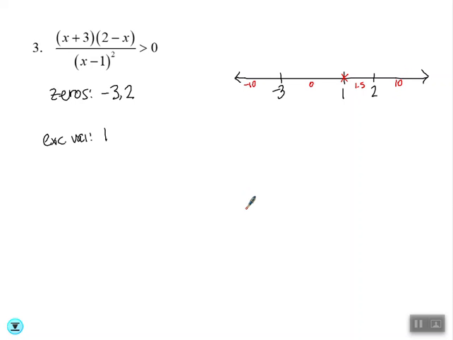Okay, so I'm going to show you this shortcut again. If I choose -10 and I look at this first factor, that's going to give me a negative. Here I have 2 minus -10 or 2 plus 10, which is a positive. So negative times a positive is a negative. Here, anything squared is positive. So I have a negative divided by a positive, which is negative.